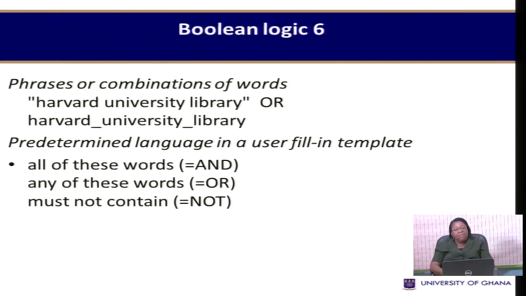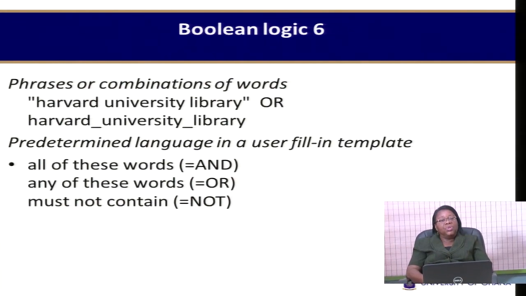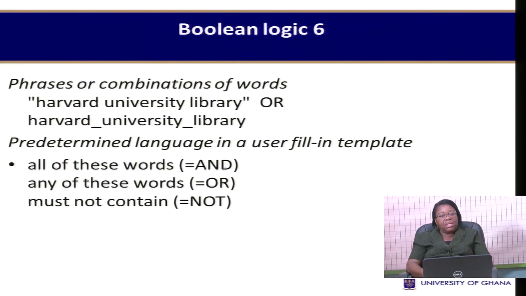There are other ways in which we can represent the Boolean logic. For instance, we can represent it using the quotation marks. So Harvard University Library in quotation marks is the same way to express it as Harvard_University_Library.